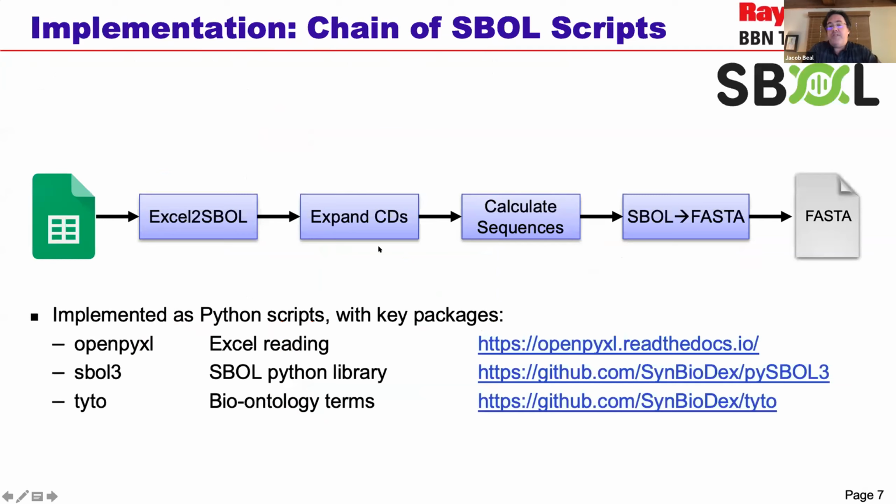So we've implemented this as a chain of fairly simple scripts, leveraging SBOL to go from this high-level sketch that we can represent fully all the way down into FASTA files. There are 4 stages in this. The first is ripping the designs out of the Excel spreadsheet and turning those into SBOL in a particular notion called a combinatorial derivation.